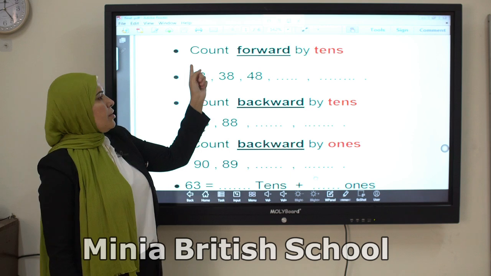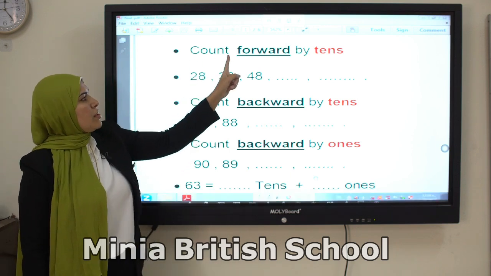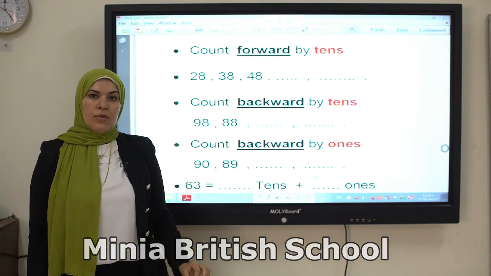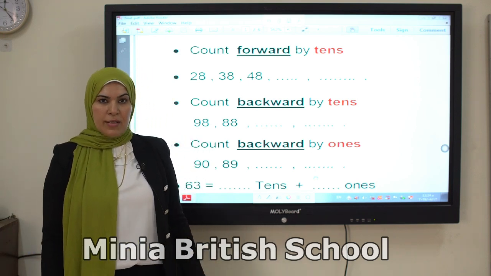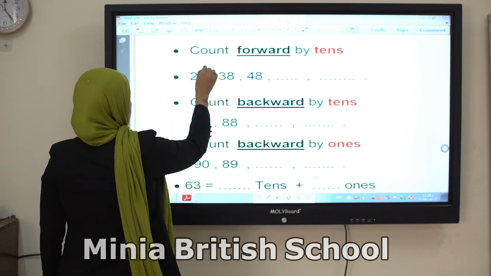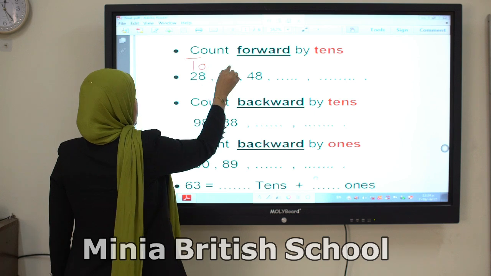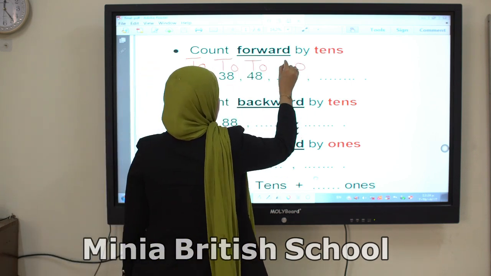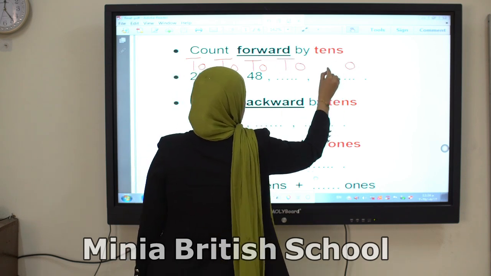Okay, here, read the title. Count forward by tens. Remember, if I ask you to count forward by tens, the first step, write OT above all the numbers and the spaces. Okay. OT, OT, OT, OT, OT.